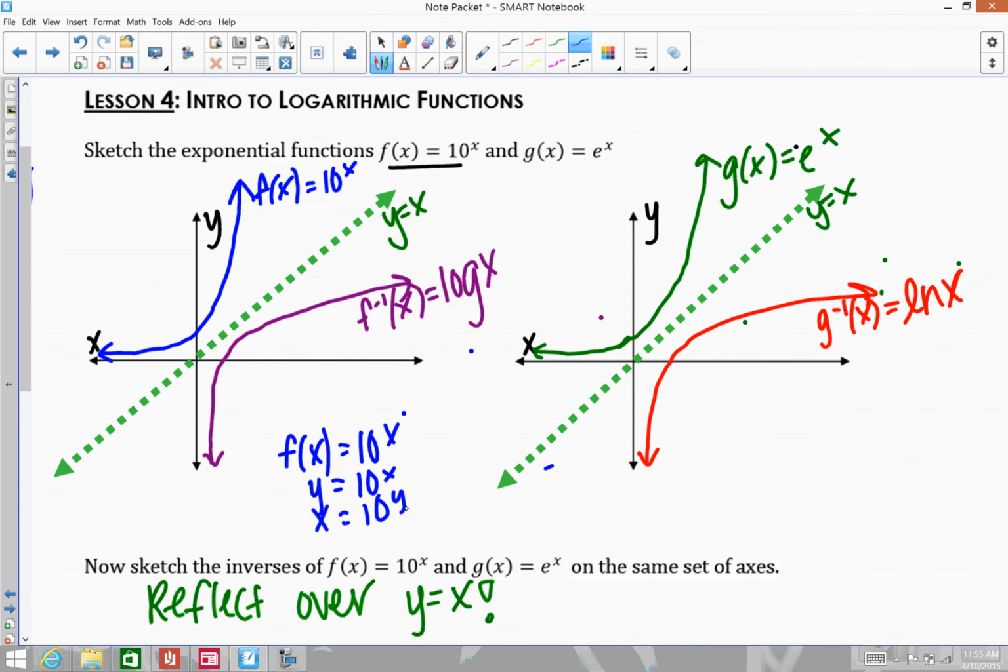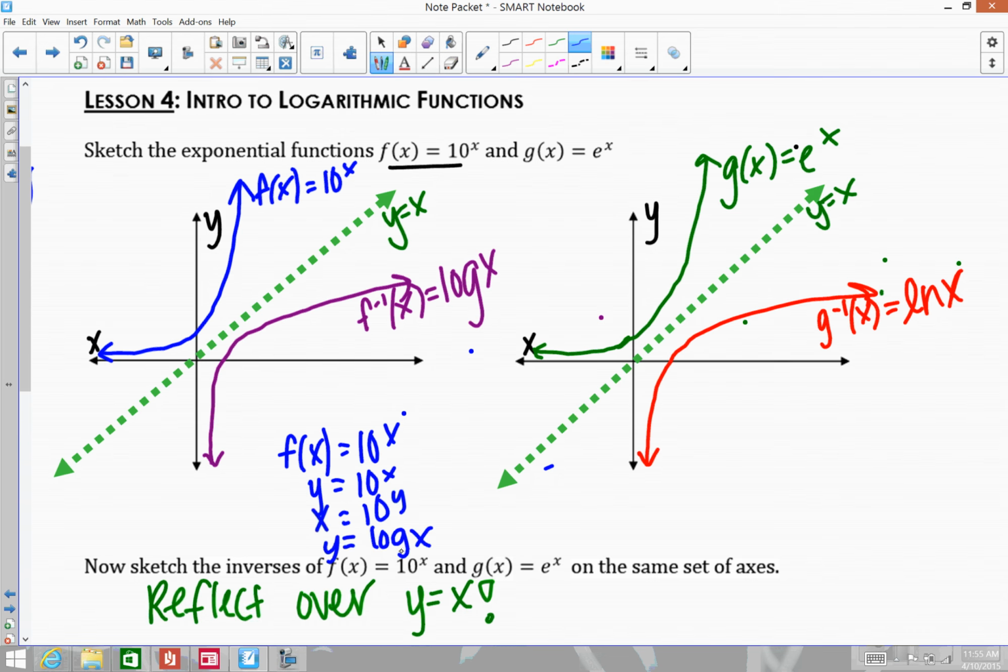There's no y root. But really, when we think about logs, logs are the exponents. It's asking us, what exponent do I raise 10 to, to get x? And that's called the log. So this is really saying y is equal to the log of x.